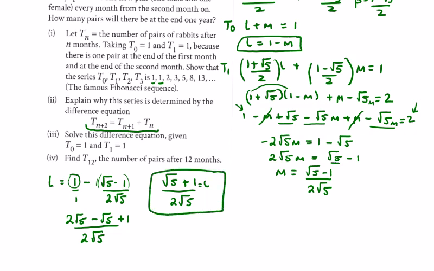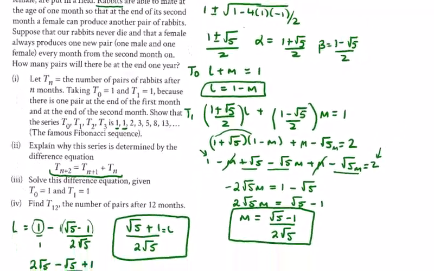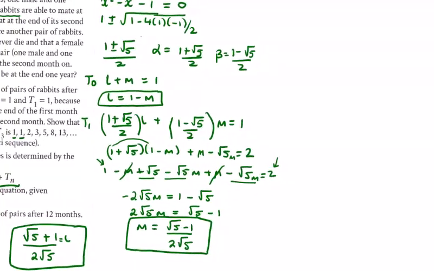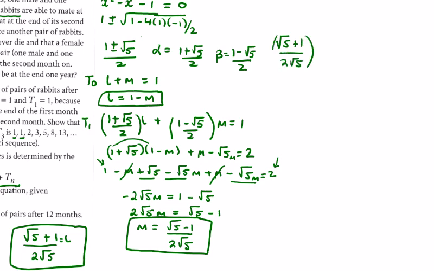So let's write this second order difference equation out. So we have L times alpha, so root 5 plus 1 over 2 root 5 times alpha, which is 1 plus root 5 over 2 to the power of n. Sorry, that should be n.